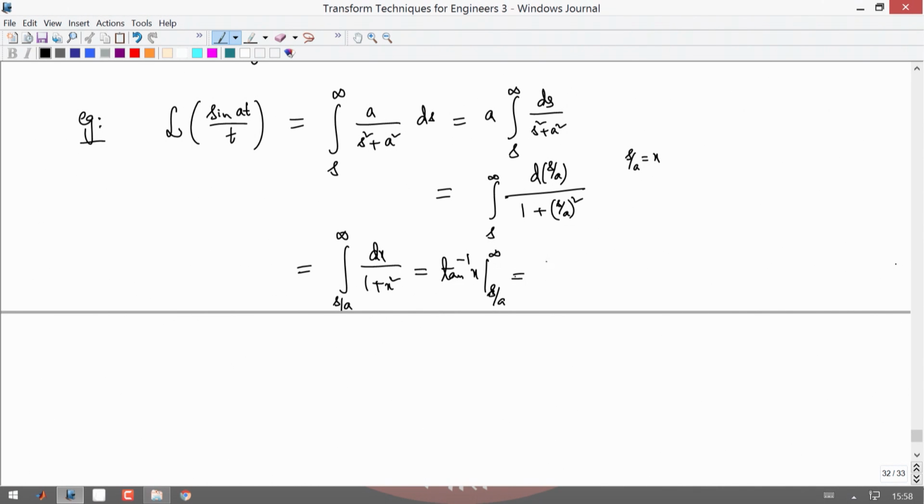So, what is this one? Tan inverse infinity is pi by 2, minus tan inverse s by a. This is also the same as tan inverse a by s, by the properties of inverse trigonometric functions.